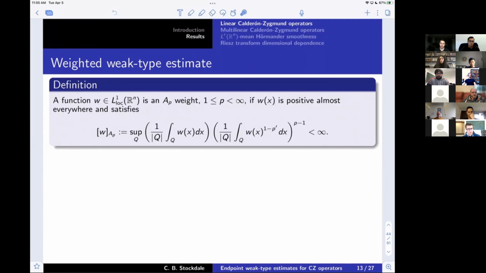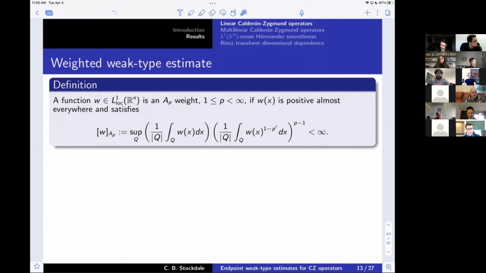Turns out that the correct assumption for such measures is this Ap condition. So we say a weight is a function that's positive almost everywhere, and it's locally integrable. So it makes sense to describe the measure of compact sets, for example, or cubes.